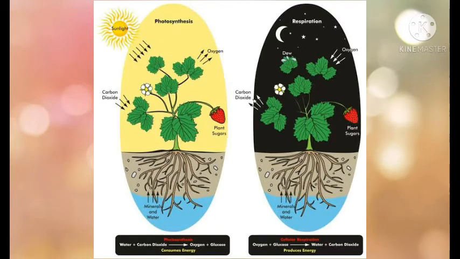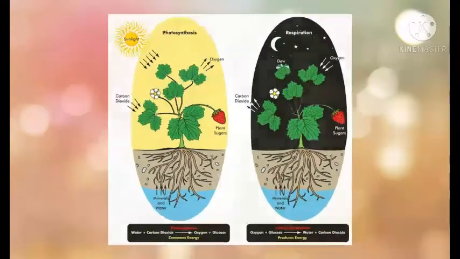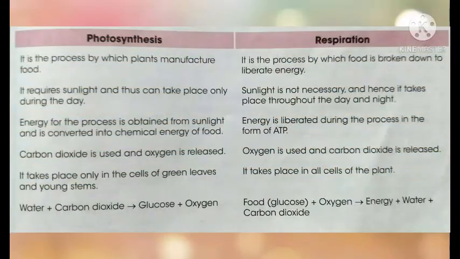That means in respiration, glucose is consumed or broken down to release energy, and in terms of production in photosynthesis, glucose is synthesized or produced. This table shows the differences between photosynthesis and respiration.